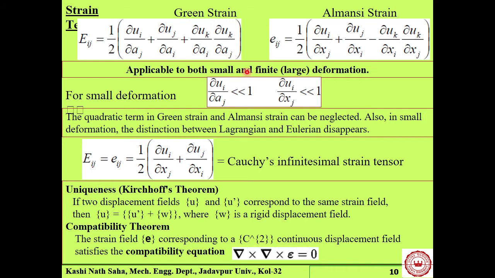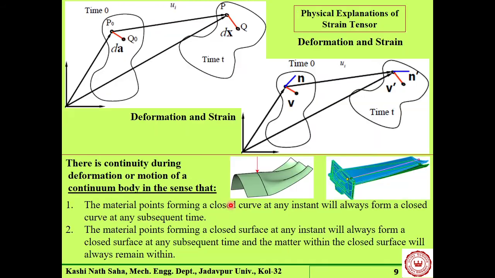What else? There are two more ideas associated with that. One is the uniqueness theorem. With this, some more ideas are also related. See, we have talked about continuum mechanics, right? Whatever we are discussing is within the domain of continuum mechanics. So here we have this particular idea: the material points forming a closed curve at any instant will always form a closed curve at any subsequent time.